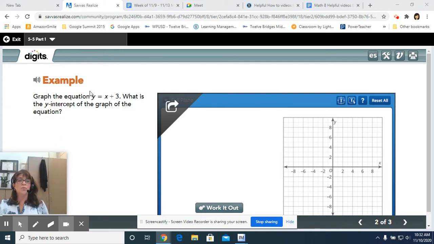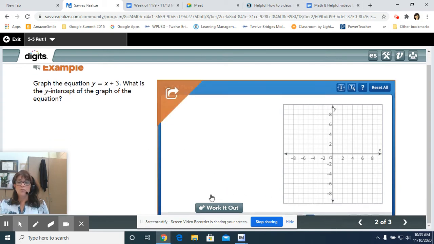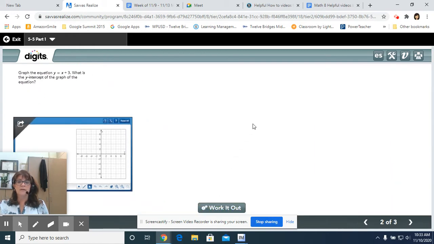This asks us to graph the equation y equals x plus 3. There's nothing in front of the x, so that means our slope is 1 because it's an implied 1 in front of the x. The positive 3 means that our y-intercept is at 3. So we're just going to skip ahead real quick here and view this solution.